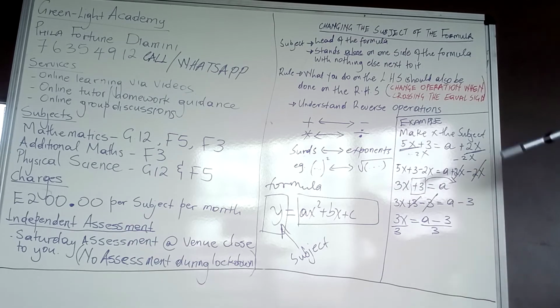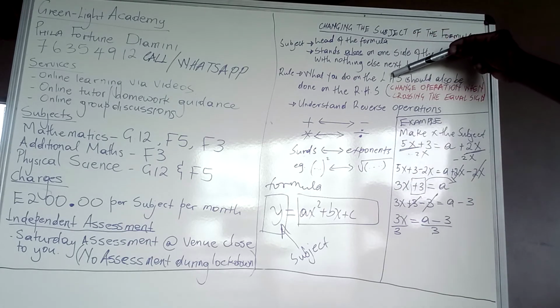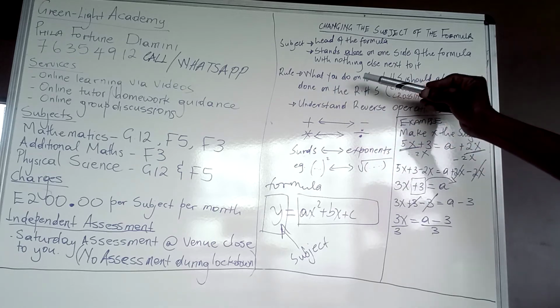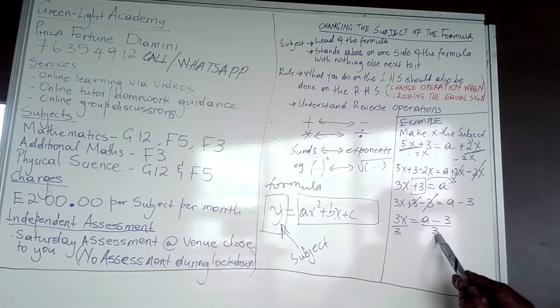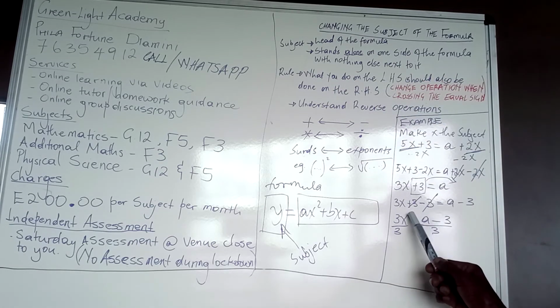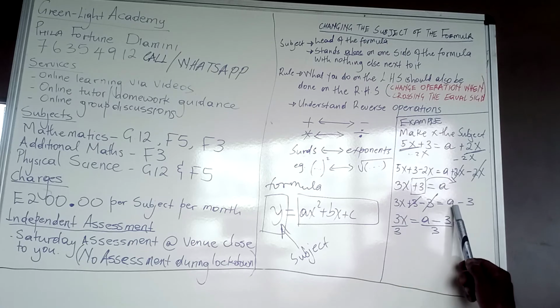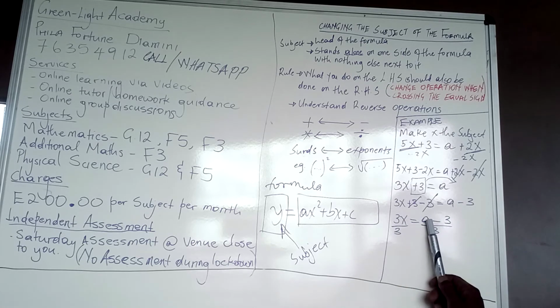Now, I said to you, what you do on the left hand side should also be done on the right hand side. This is the mistake that most students often make. I have divided by 3 here, and on the right hand side I was having 2 terms, a minus 3. It wasn't a single term, it was 2 terms.